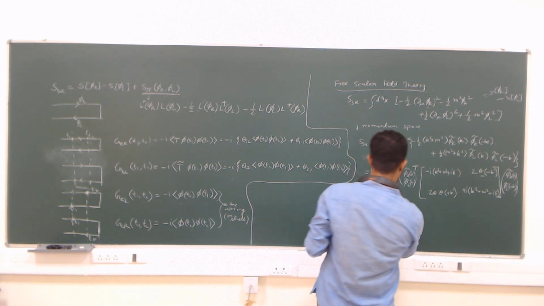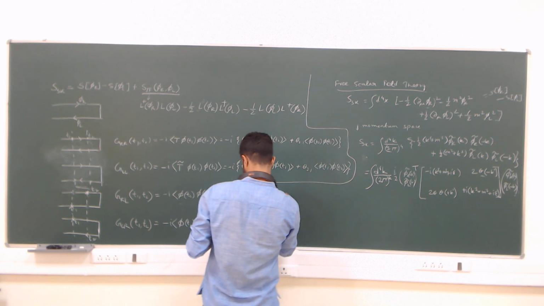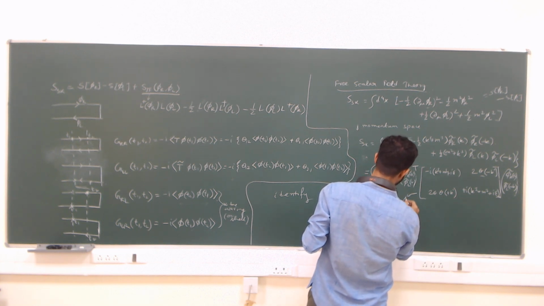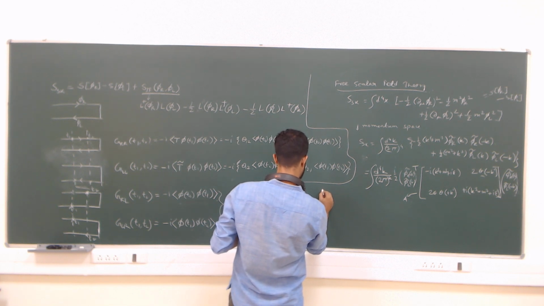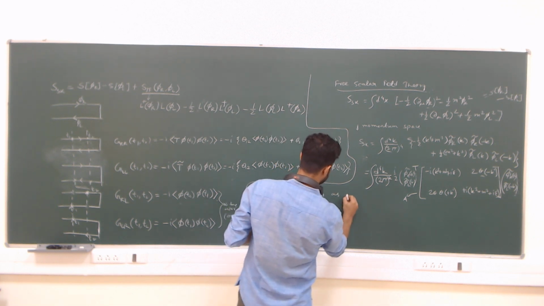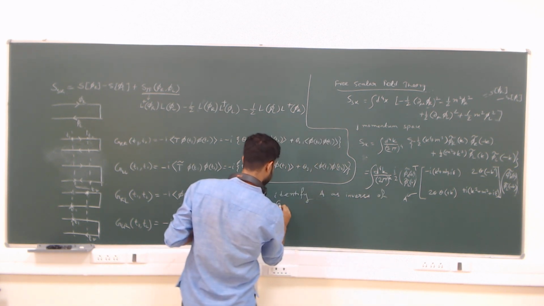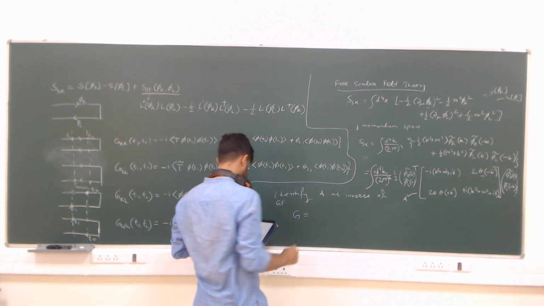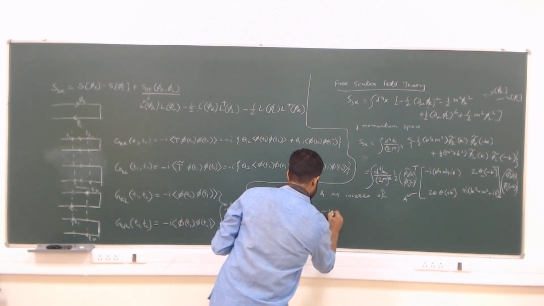So basically, if we identify, say, this matrix A as the inverse of the Green's function, then my Green's function will look like this, the inverse of that, which I can just write in this form.